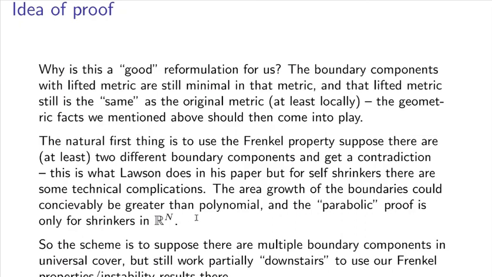So that rules out the argument by the Italian group, and the parabolic proof that we talked about above really is only for shrinkers in Rn, because you're talking about the shrinker collapsing down to a specified point. But roughly speaking, the origin has many lifts in the universal cover.